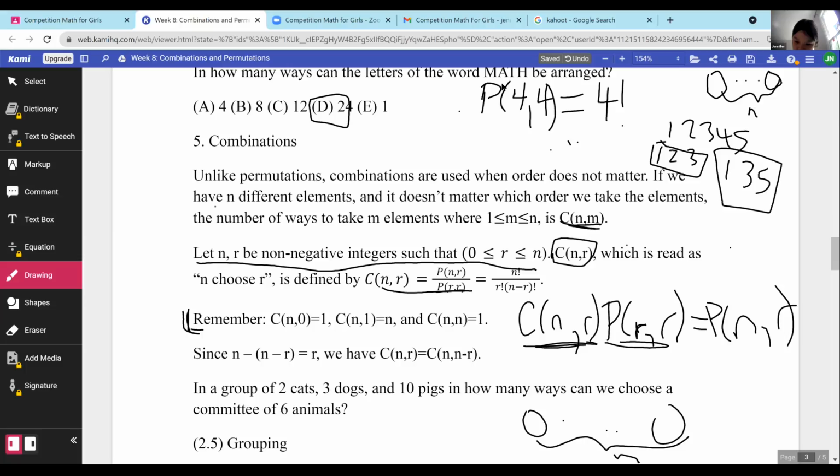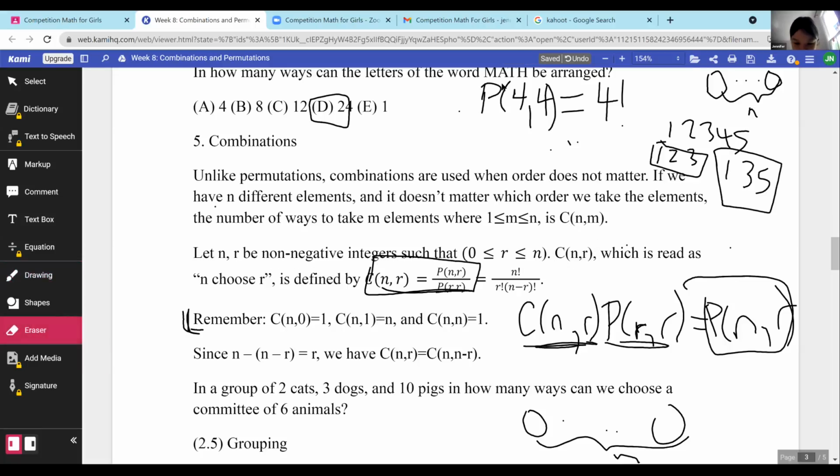In all, that's P(n,r). So then if you divide, you get this equation. And plugging in the formulas for P(n,r) and P(r,r), you will get this equation, since this part equals P(n,r) and r factorial is P(r,r).